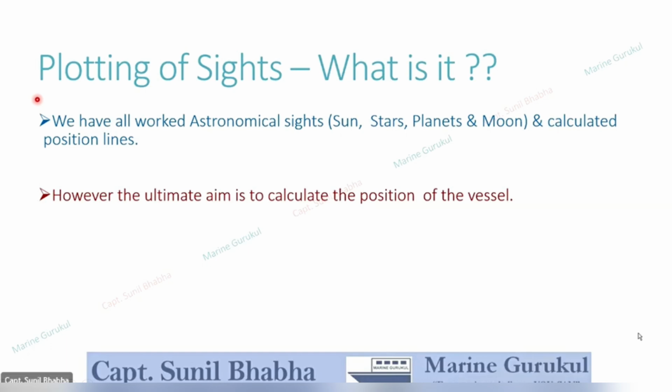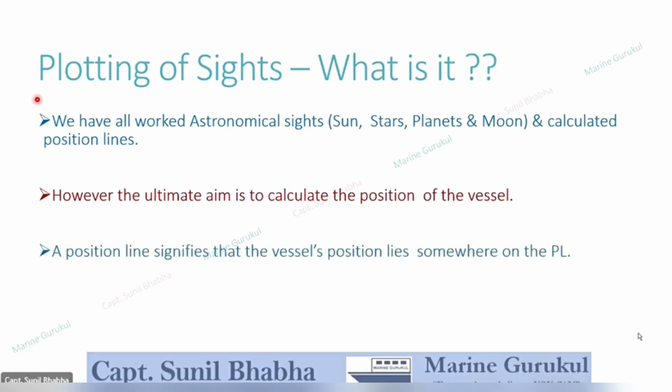Now, the ultimate aim of the navigator is to fix the vessel's position. So, the ultimate result which we want from this exercise of site taking or observations is that we should be able to fix up the position of the ship.